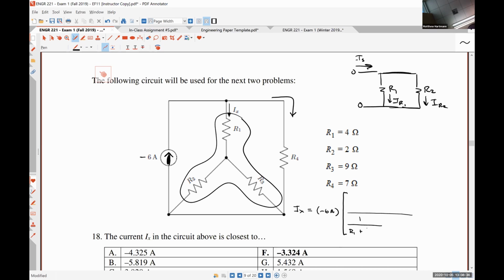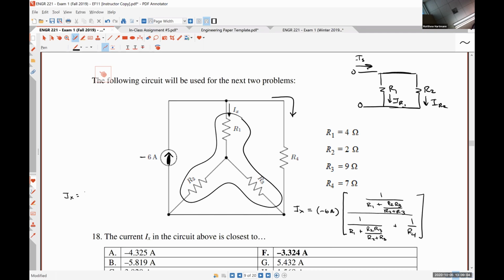So that's going to be R2 times R3 over R2 plus R3 plus 1 over resistor R4. And in my numerator, I will again have this 1 over R1 plus R2 R3 over R2 plus R3. That's correct.